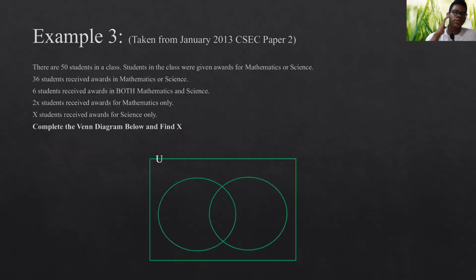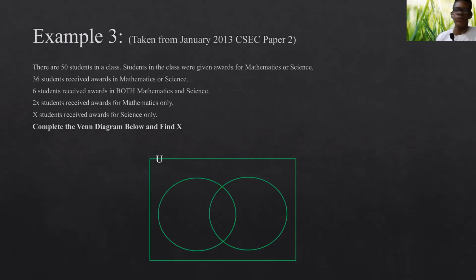Example 3 is a CSEC question taken from January 2013. I said these earlier papers are usually difficult. And you see there, they put algebra in there, right? I know CSEC is trying to confuse people. But remember the stuff that we already know. Trust me, you'll be fine. So look at this.